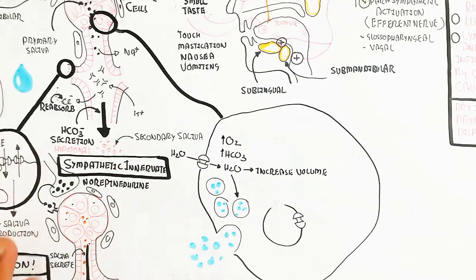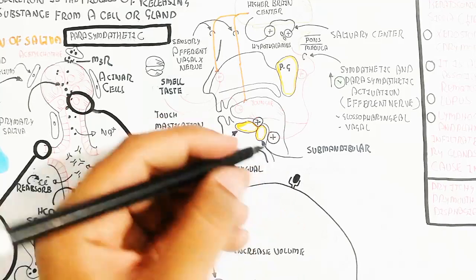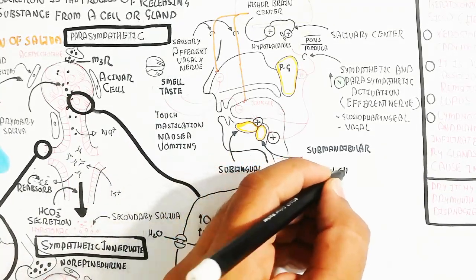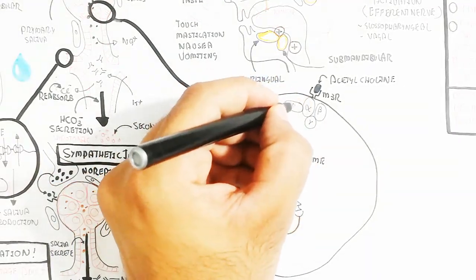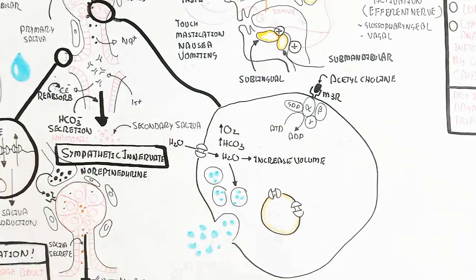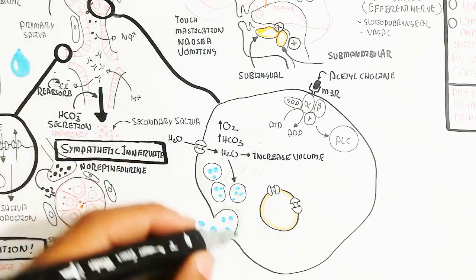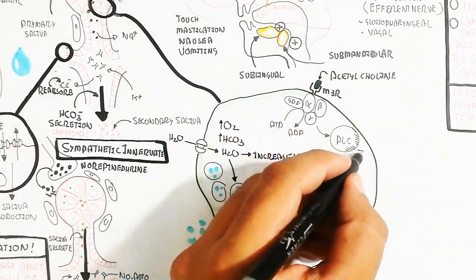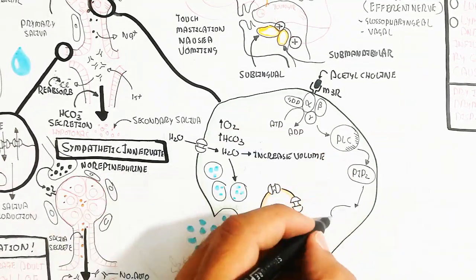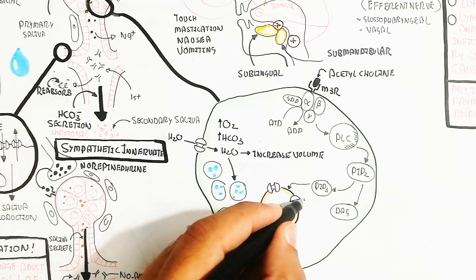Anyhow, let's understand the mechanism of the release of saliva. This is the salivary globule, and it increases in volume due to the intake of water. Acetylcholine from the parasympathetic nerve innervation binds the muscarinic receptor 3 and activates the G protein coupled receptor. The alpha subunit, containing GDP, exchanges it for GTP, and phospholipase C will act on phosphatidylinositol bisphosphate, leading to IP3 and DAG.